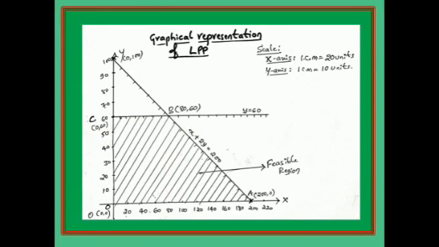This is one of the procedures, but this procedure will not always work, because here 50 to 60 is given as 10 centimeters, and here 80 to 100 is 20 centimeters.